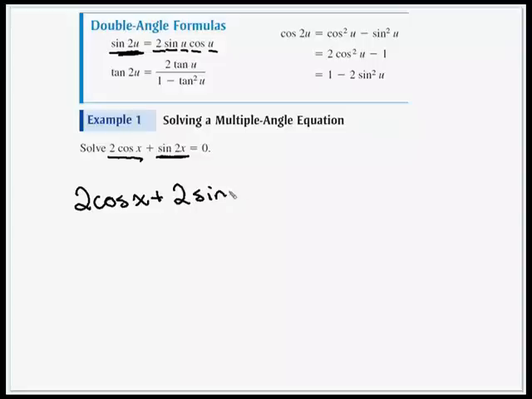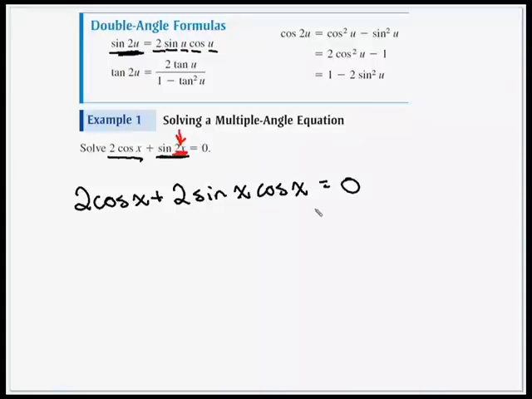And that's equal to 0. Notice how that worked. This was the sine of 2x. Now it's just x and x in our replacement from the double angle formulas.